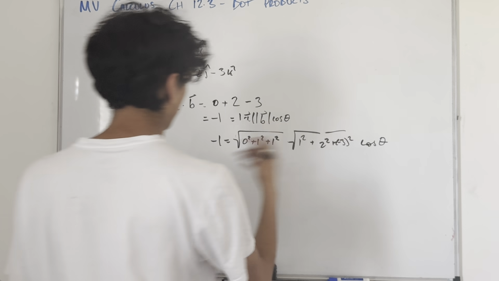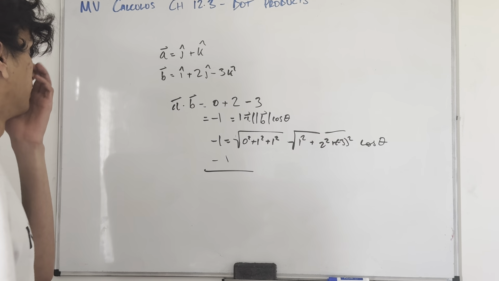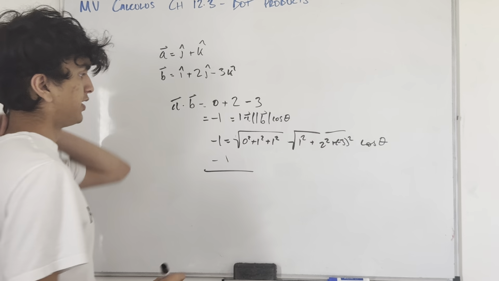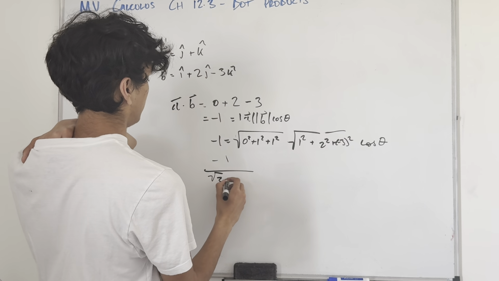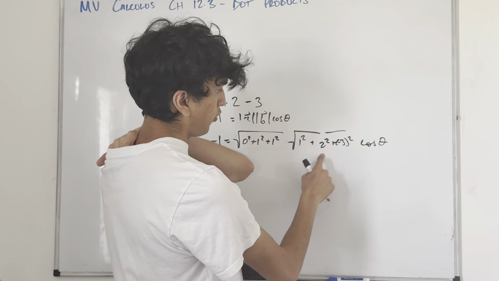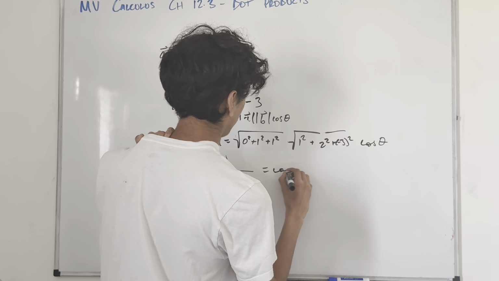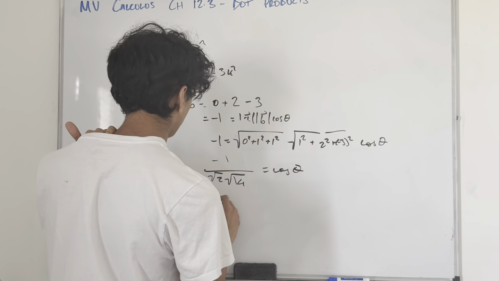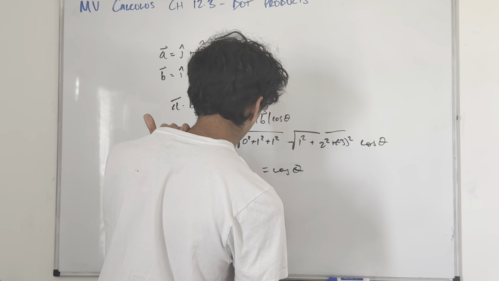So I can pull this off to the other side. Negative 1 is equal to root 2 times root, 4 plus 9 is 13 plus 4 is 14, times cosine theta, and then my angle will be cosine inverse of negative 1 over root 28.